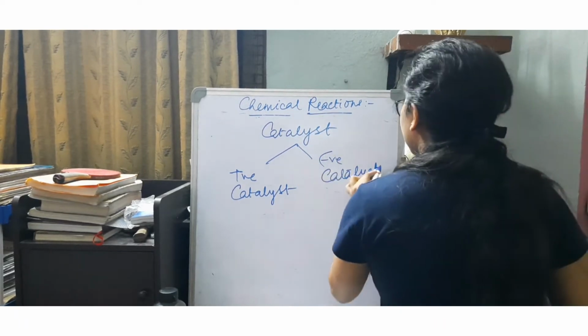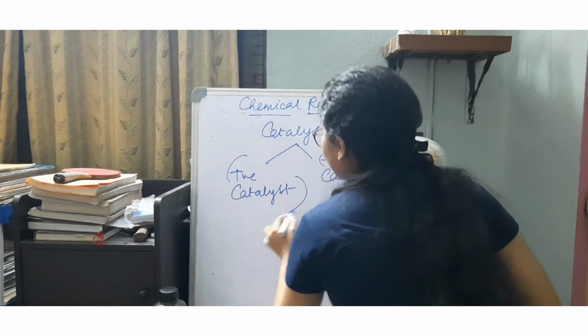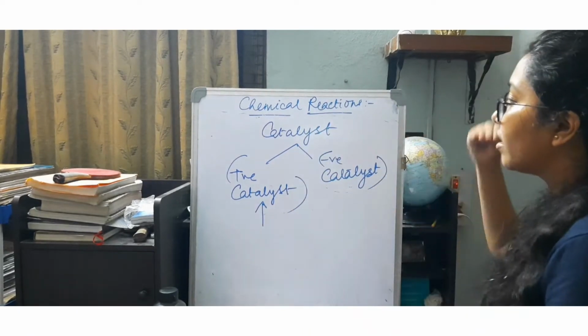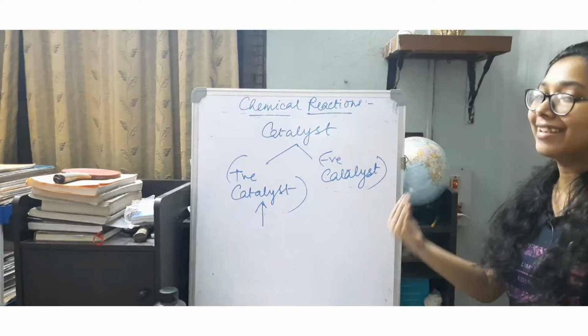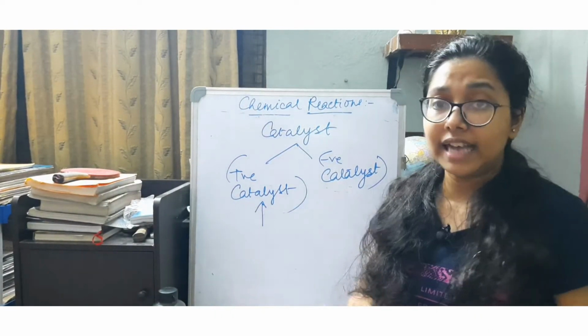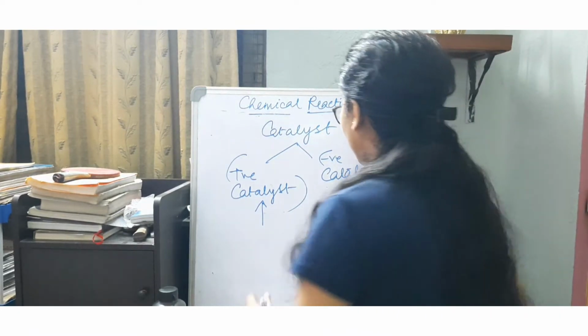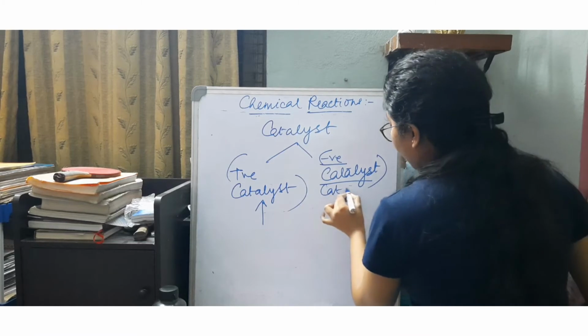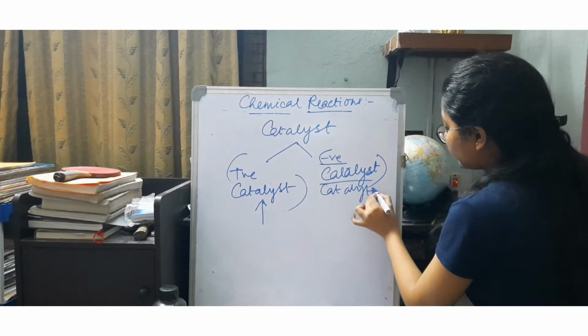As the name suggests, positive catalyst means it will increase the speed of the reaction. It is working in a positive manner so that the reaction is speeded up. The reaction occurs faster than its usual rate, okay. And when I say negative catalyst, they are also known as catalytic poisons, okay.